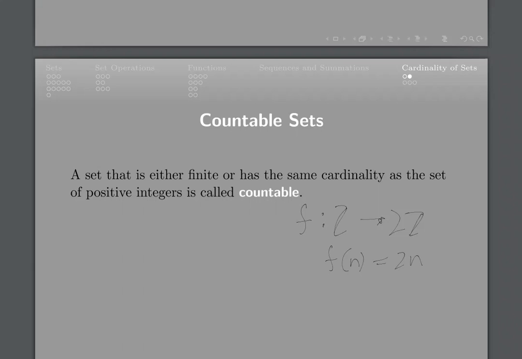So it's onto this set. For every even number, if you divide it by 2, you get the pre-image. And then you can show that it's one-to-one. For every index, you get a different even number. Every even number has an index, and every index is mapped to a unique even number.